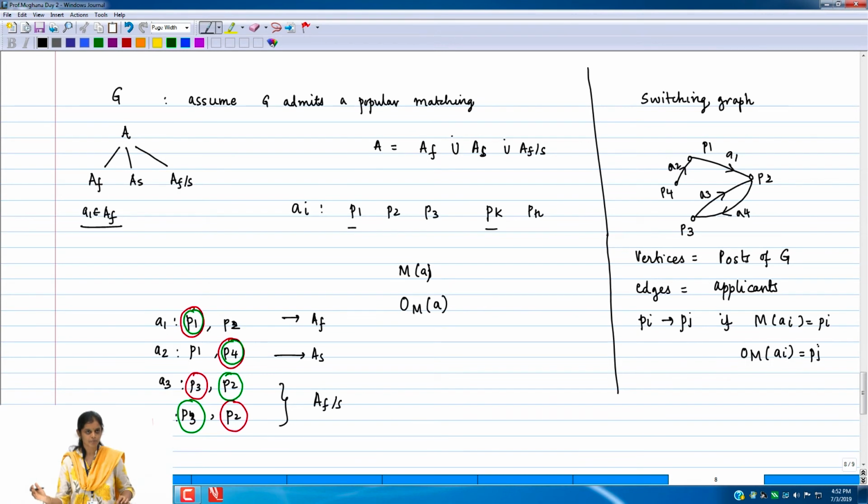That is, its other post that it could have gotten matched to in a popular matching is Pj. This is the way the graph is defined. Is there any difficulty about the way the graph is defined?